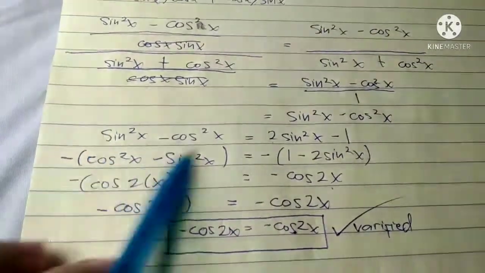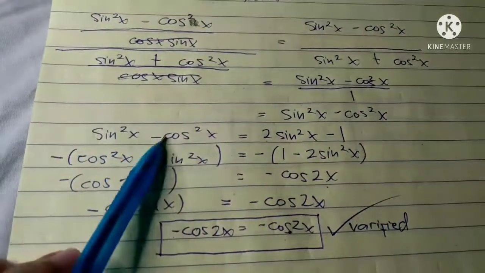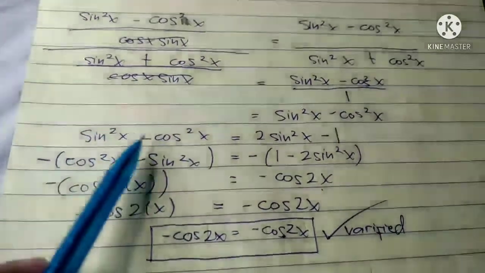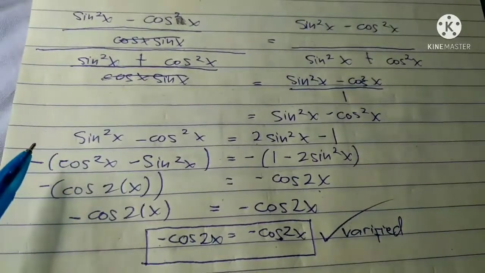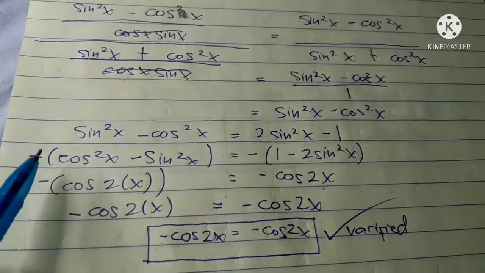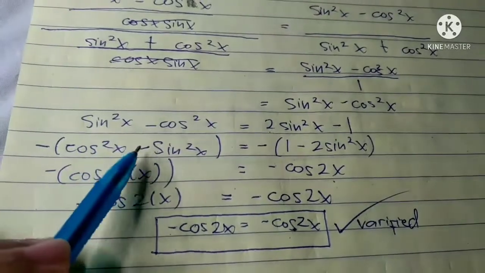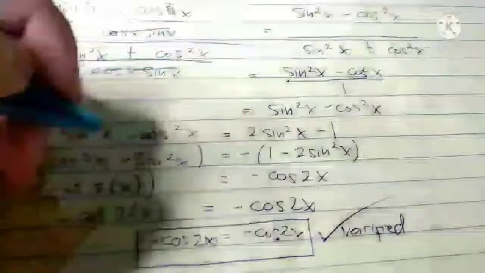So here now you have sine squared x minus cosine squared x, so we can put negative outside. We can have here positive.